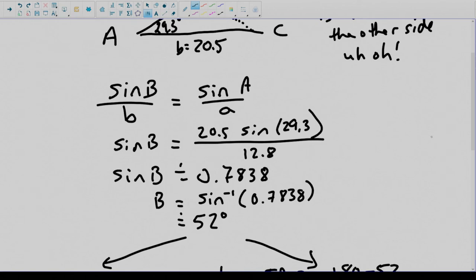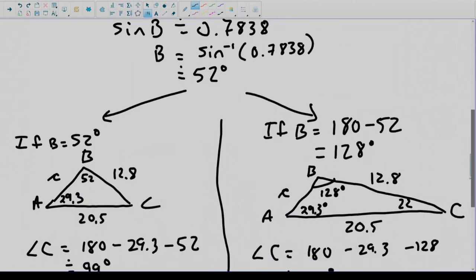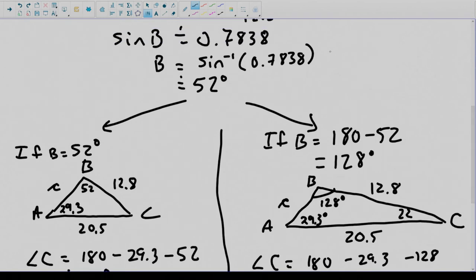But as soon as you end up with a value between 0 and 1, once you've done this calculation, you now have to split off into two possibilities, where the angle is either 52 degrees, as it was in this case, or it's equal to 180 minus 52 degrees, because there are two angles that give that ratio based on the magic circle.